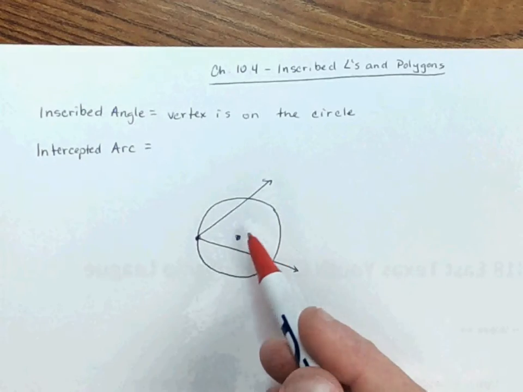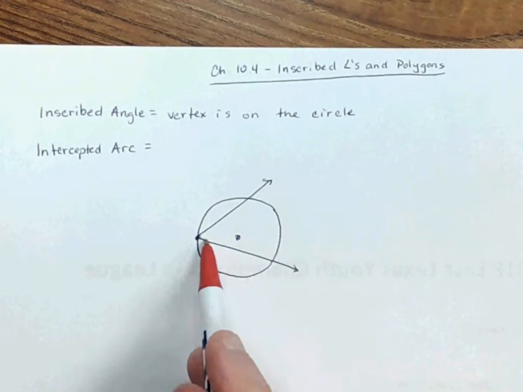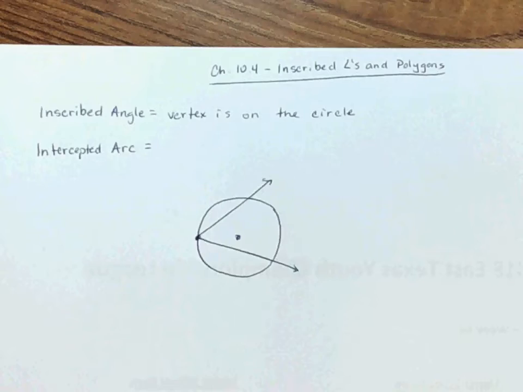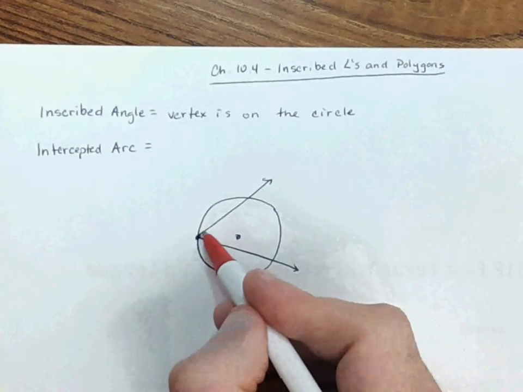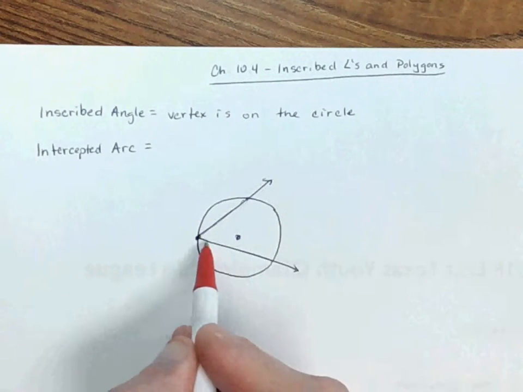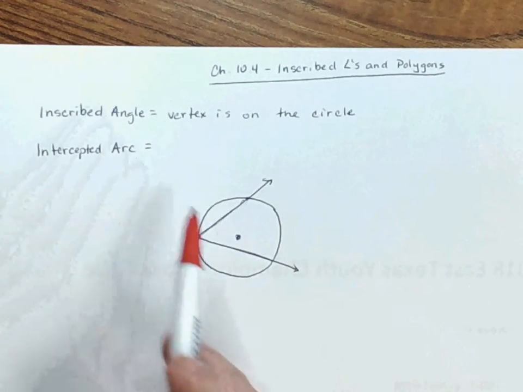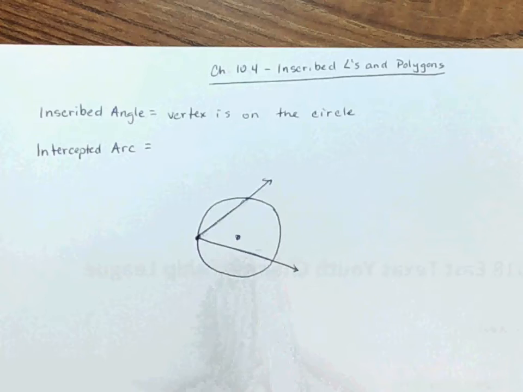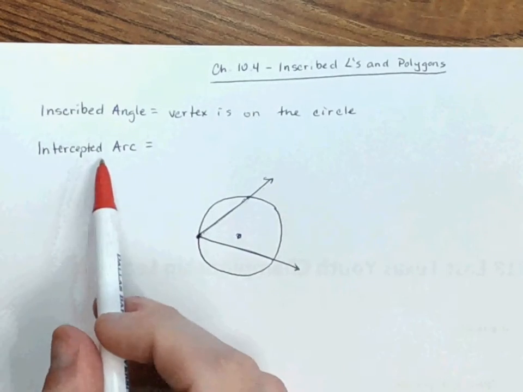So what do you notice about the sides of an inscribed angle? Well, here's a chord, and here would be a chord. So an inscribed angle can be made up of chords of our circle. Now, we have what's called an intercepted arc.